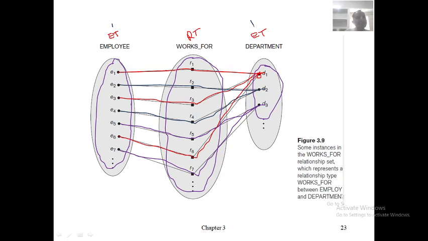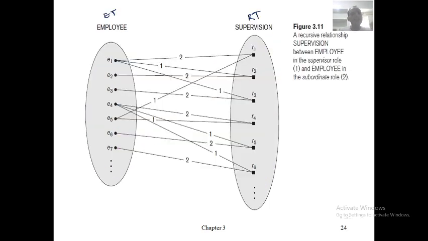In the ternary relationship, salesperson, part and project, there are three entity types. Now in this example, there is only one entity type. That's why it is called recursive.